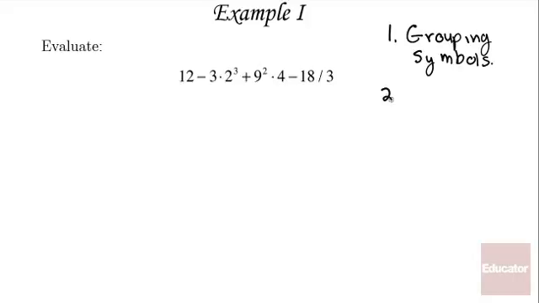Remember that the next step is to evaluate powers. Beginning over here on the left, 12 minus 3, and I have a power. I have 2 cubed. So 2 times 2 is 4, times 2 is 8, plus 9 squared. So it's simply 9 times 9, which is 81.